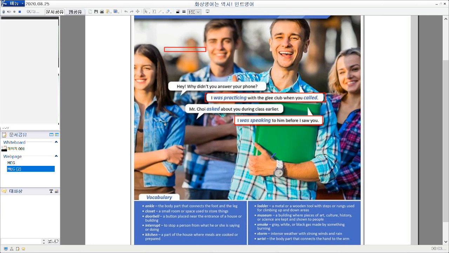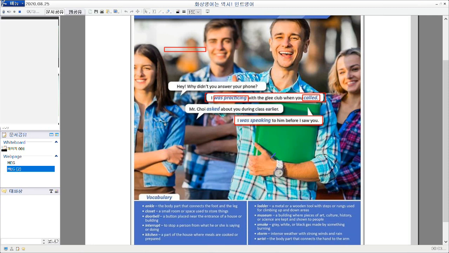All right, so let's see what you know about the simple past and the past continuous. First pattern: was practicing, with ING. What do you think? Is it simple past or past continuous? Past continuous. That is correct. Called. Simple past, sorry, I'm a little confused.